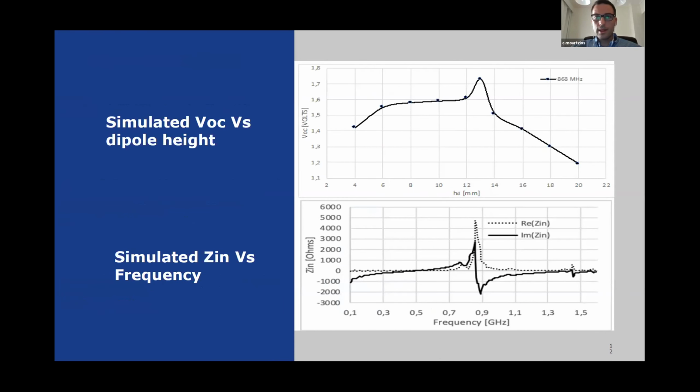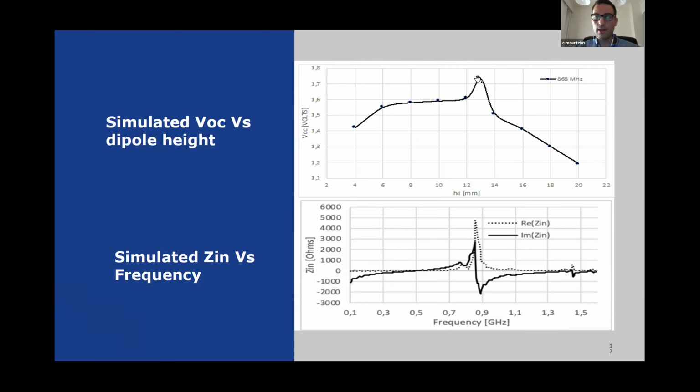Beginning with the results, first of all, as I mentioned earlier, our initial scope was to find the dipole's height at which the voltage VOC at the antenna input terminals is maximized. It was found to be at 13 millimeters, where we wanted to see a maximum.